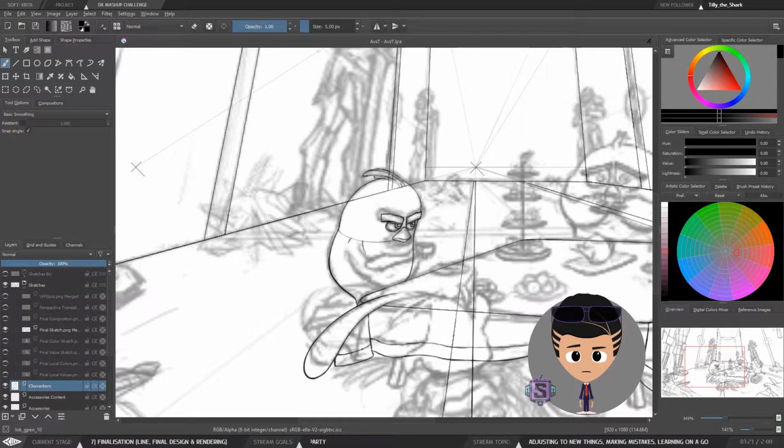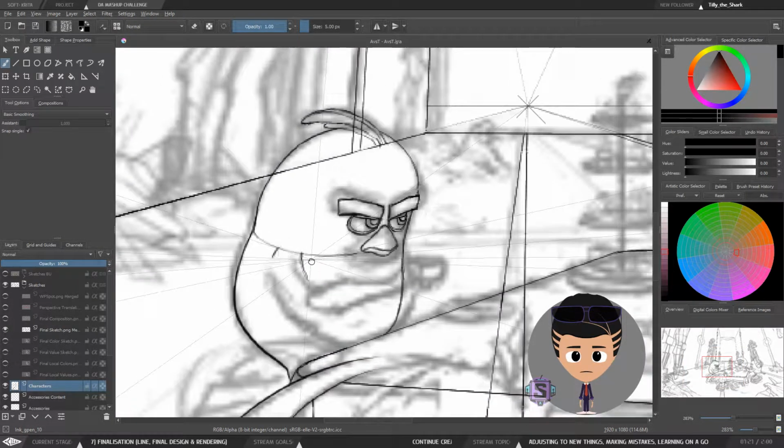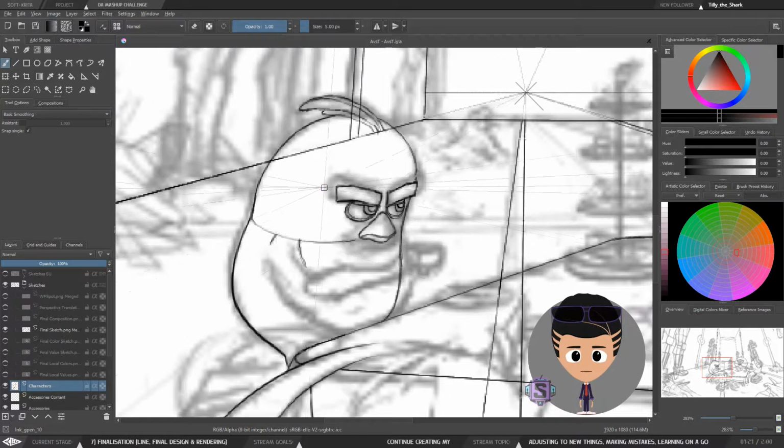It's pretty hard when you don't have the reference. Actually the beak covers this part, so the beak probably will be somewhere in there.